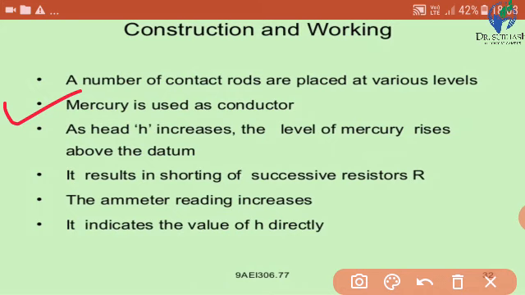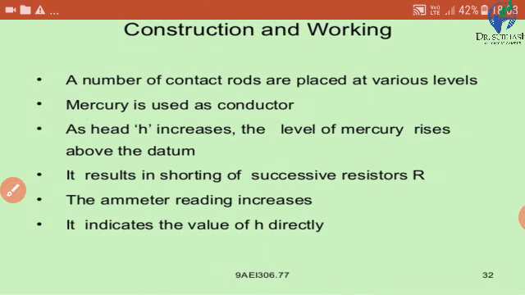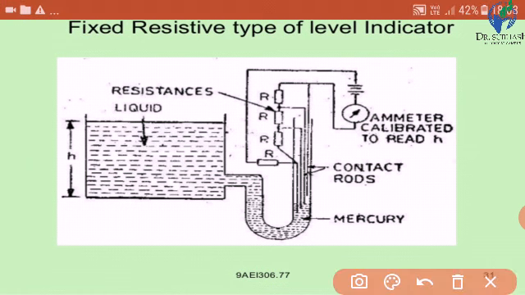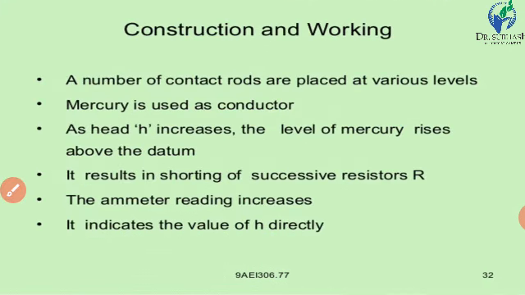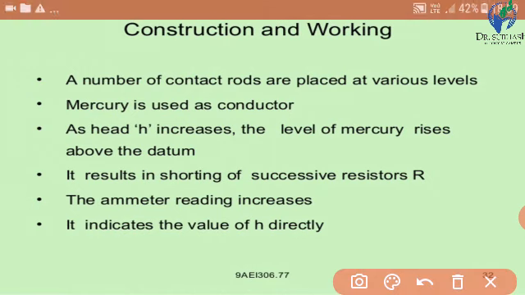As head H increases, the level of mercury rises above the datum. See here, whenever the liquid level increases, at that time we can see the level of mercury also increases. It results in shorting of successive resistors. So we have placed different resistors above this tube.